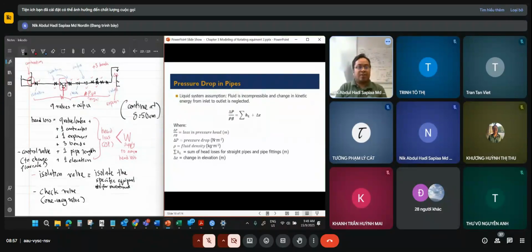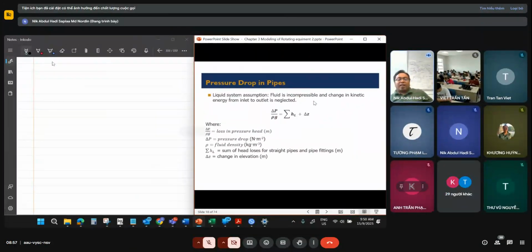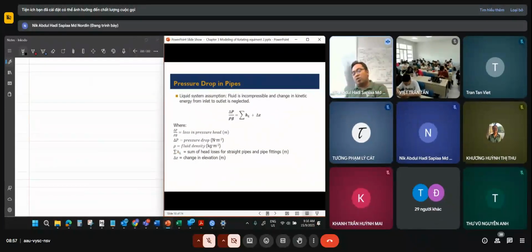Okay, so let us continue with the head loss calculation. For a liquid system, when we have involved liquid, we need to assume that this fluid is incompressible, which means when there is pressure or pressure drop, the volume of the fluid is maintained the same.